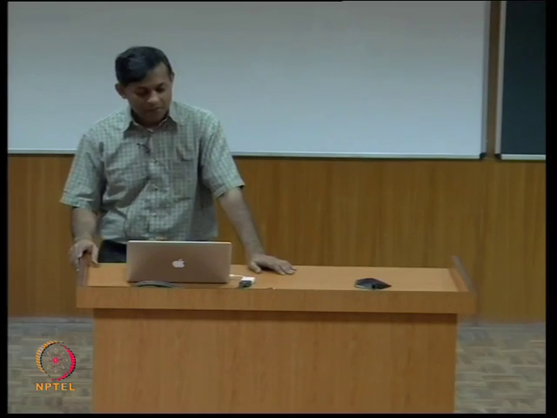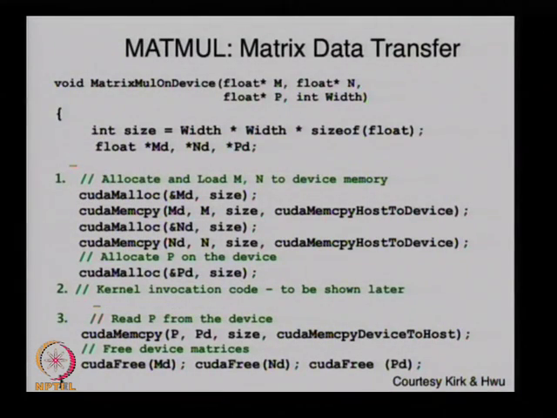But again, to keep things simple, we have allocated space on the device. Those are the variables pointed to by Md, Nd, and Pd. We do CUDA malloc on each of them to get enough space such that the input matrices can be passed on from the host and the output matrix can be produced on the device and then passed back.